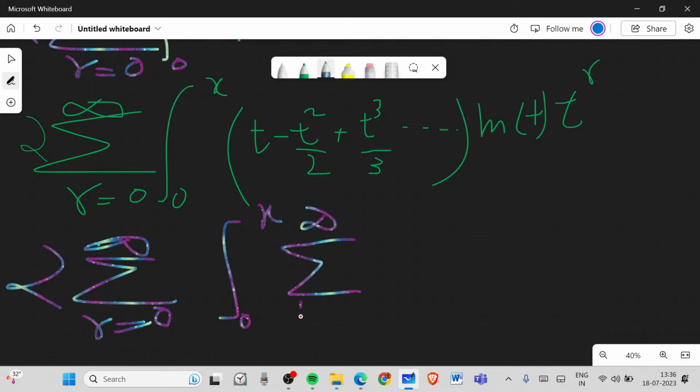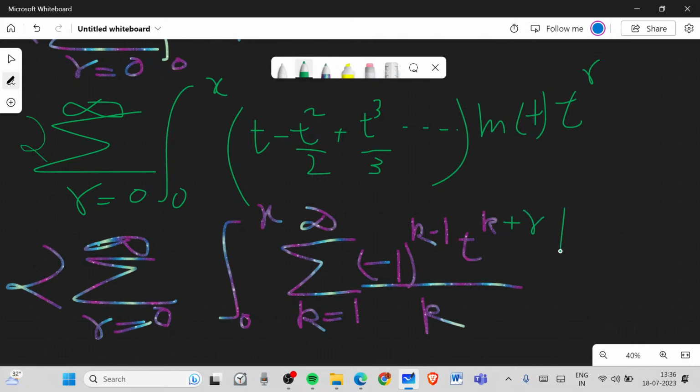Okay, sum k is 1 to infinity, minus 1 to the power k minus 1, and t to the power k by k plus r ln t.